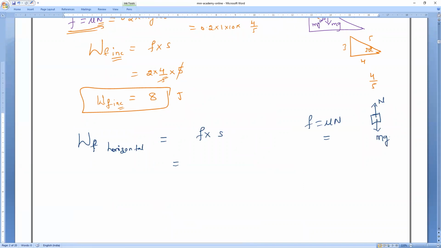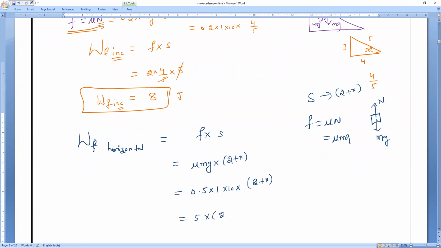So just mg, and friction is mu mg, into displacement, which is 2 plus x. So mu value is 0.5, into m value 1, into g value 10, into 2 plus x. So 10 into 5.